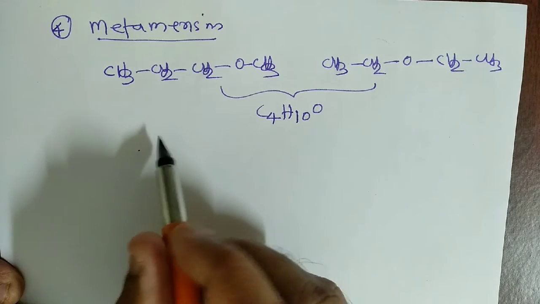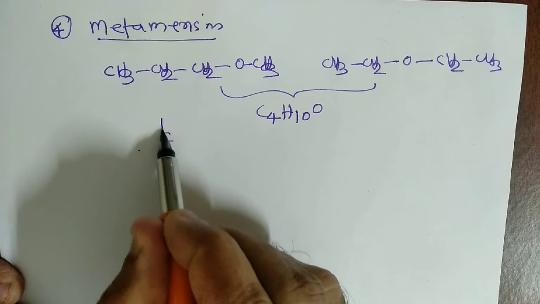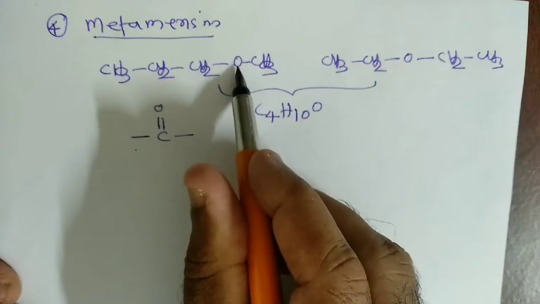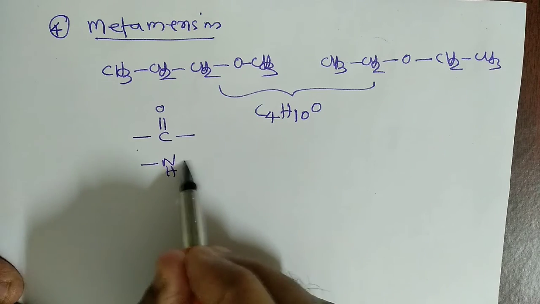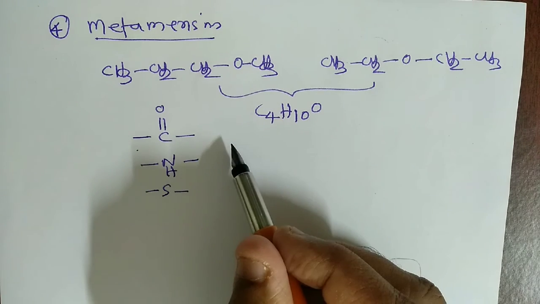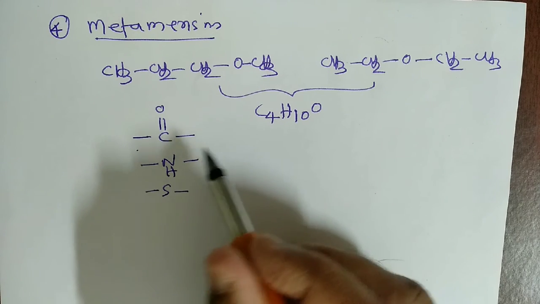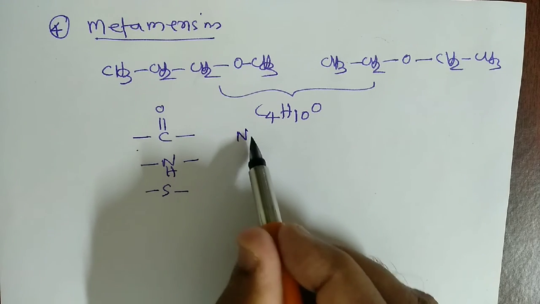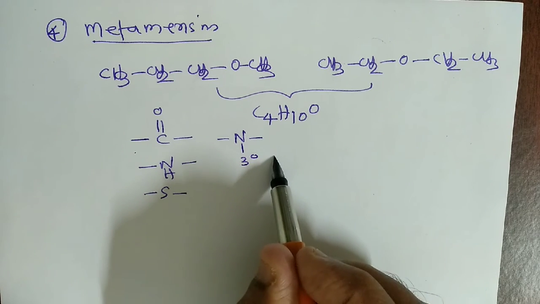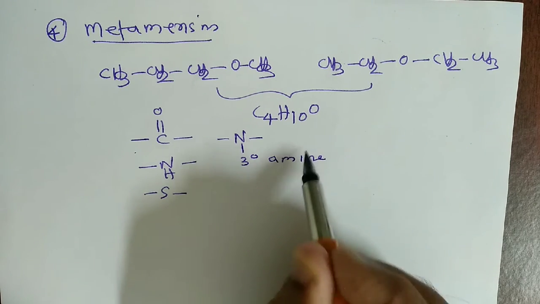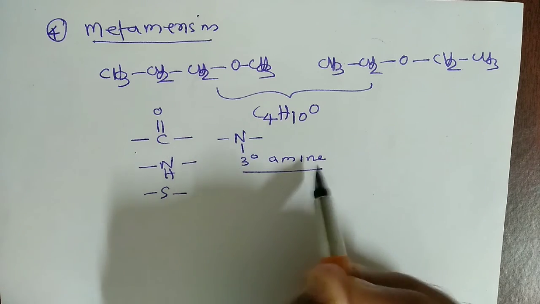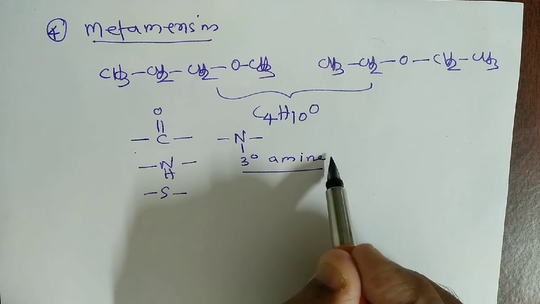It is shown by compounds having divalent functional group such as ketones, ethers, secondary amines, thioethers, etc. Only compounds having a divalent or a trivalent functional group can show this type of isomerism. Trivalent functional group, an example is a nitrogen atom found in tertiary amines.